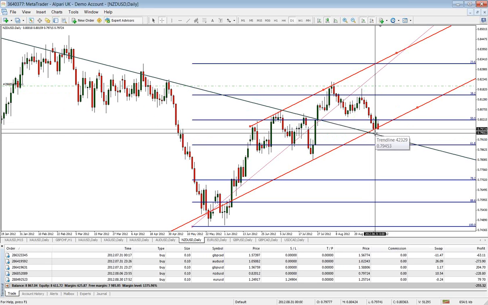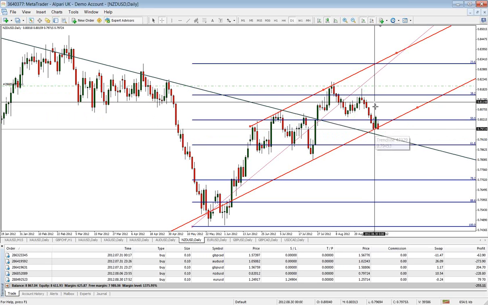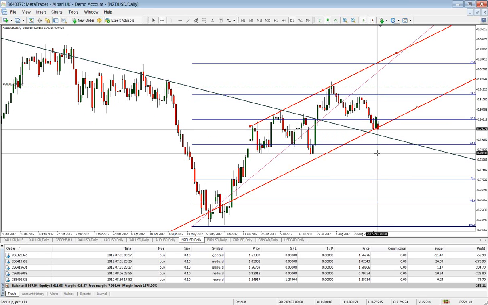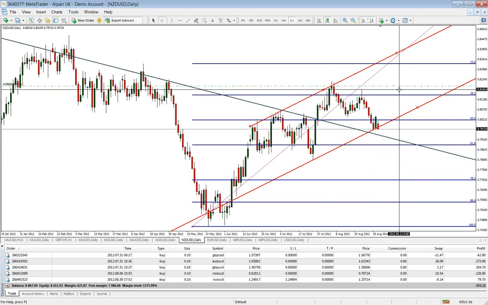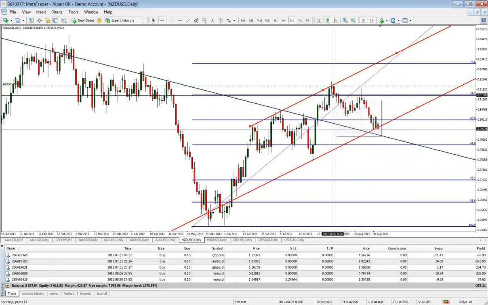So I don't see the confirmation that the market will continue going down, and I do expect the market to continue rally. This breakout here of this Fibonacci level for me is acting as a confirmation that we will go further up, and the targets here would be quite high.